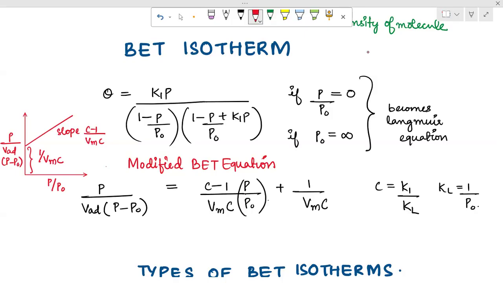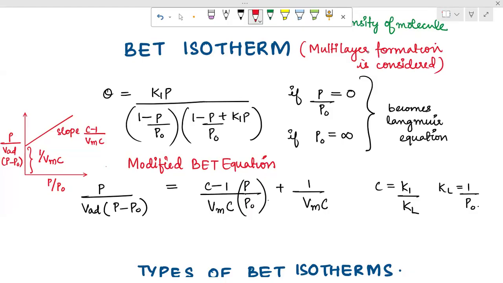So for BET isotherm, the importance is it takes into consideration the multilayer formation. Multilayer formation is considered. Correct? So corresponding to each molecule which is being adsorbed, you have different equilibrium constants.